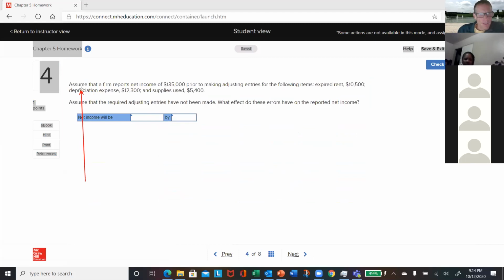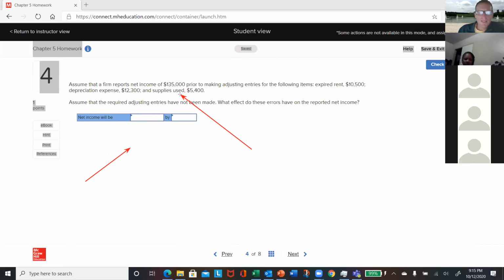It says, assume that a firm reports net income of $135,000 prior to making adjusting entries for the following items: expired rent, depreciation expense, and supplies used.